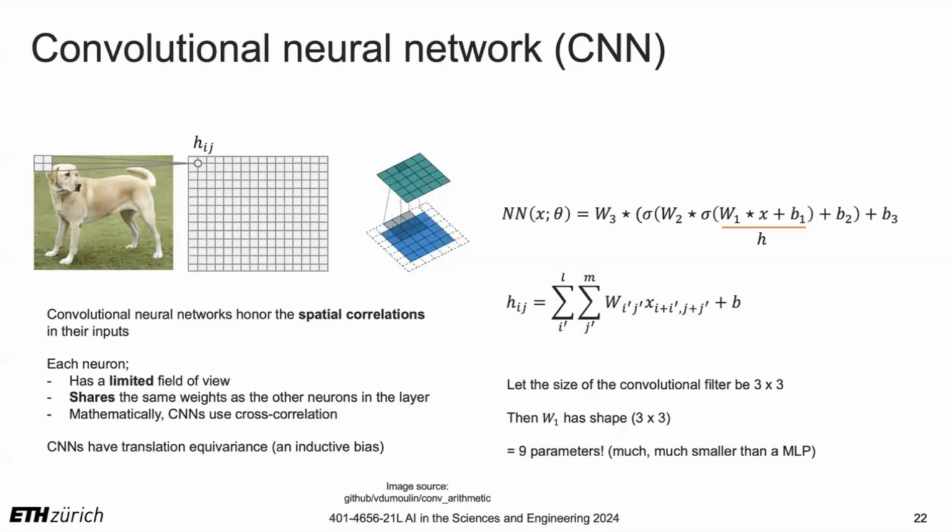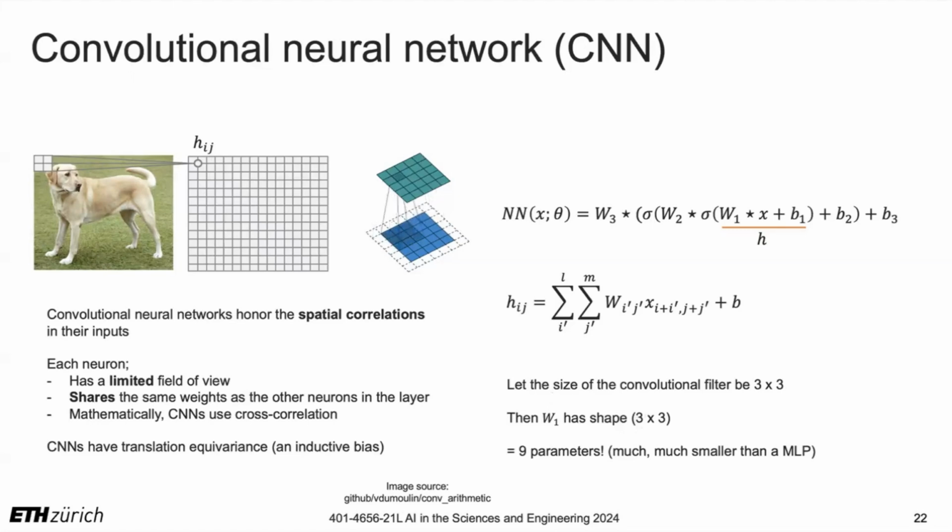The other really important difference of convolutional networks is that each neuron here shares the same weight values, so they all apply the same filter to the patch that they see in the image. So this dramatically reduces the number of weights inside each layer of the convolutional network. In fact, if each neuron just saw a 3 by 3 patch of the image, then you would just have 3 times 3, which is 9 weights in the network.